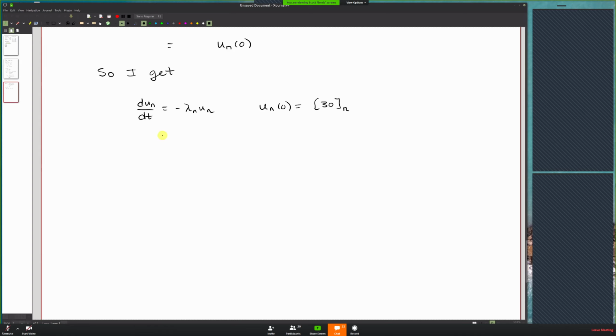This is a simple homogeneous first order ODE. I can rewrite it in standard ODE form, du_n/dt plus lambda_n u_n equals 0. And it has solution e to the minus lambda_n t times a constant.